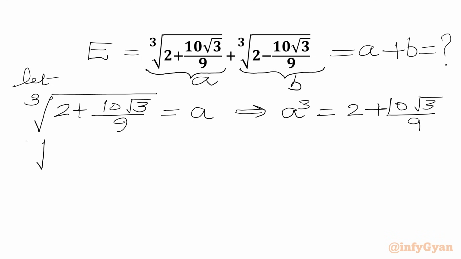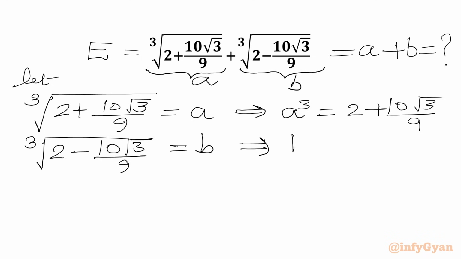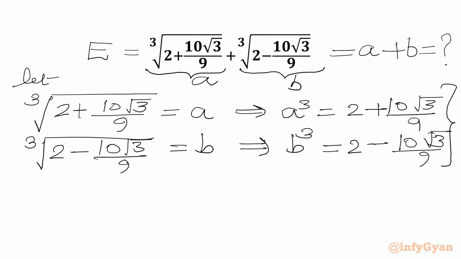Similarly, with our second substitution, cube root of 2 minus 10 root 3 over 9 equal to B, once we take cubing on both sides, B cube will be 2 minus 10 square root 3 over 9. Now we are going to add these two equations.